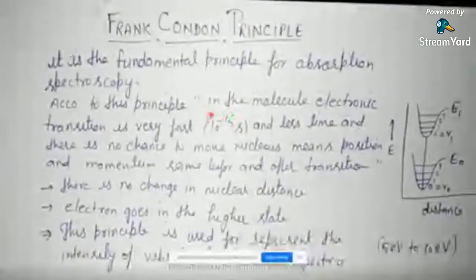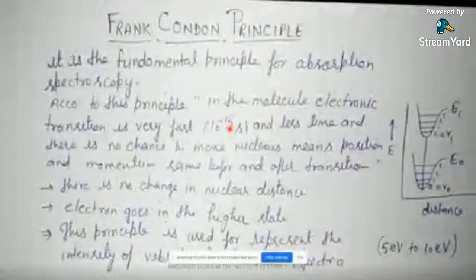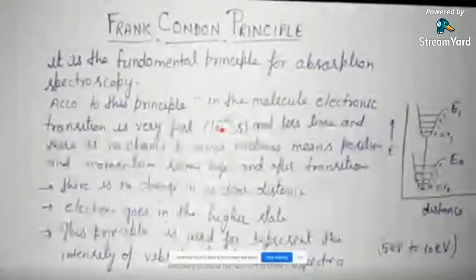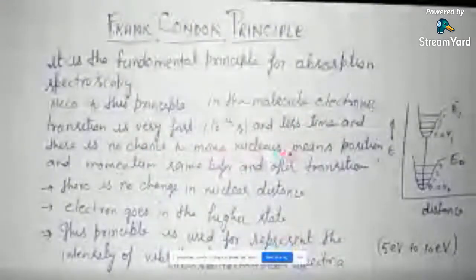So the nuclei don't get that time for the transition to occur, because of which the nuclear position will remain unaffected. As it is a very short time, there is no chance for the nucleus to move, meaning position and hence momentum remain the same before and after the transition.